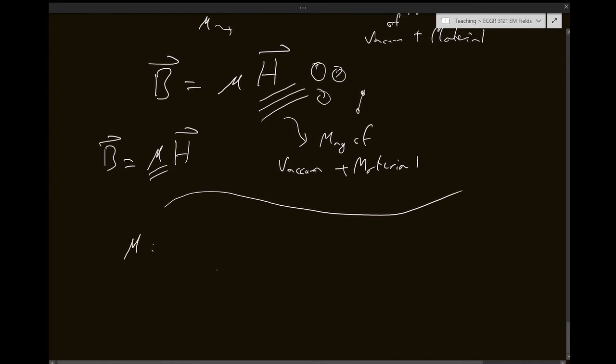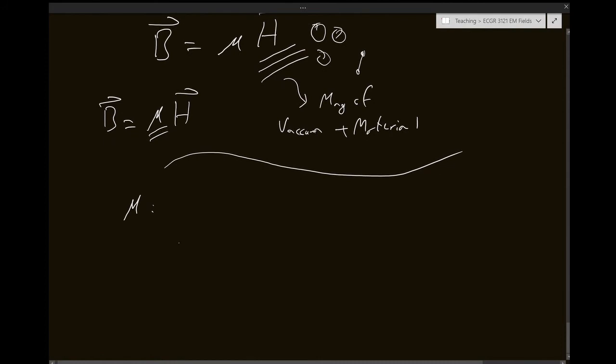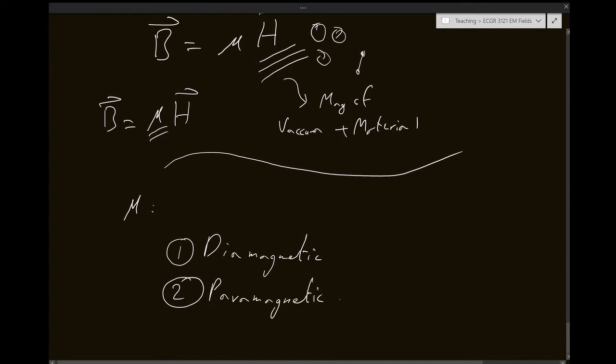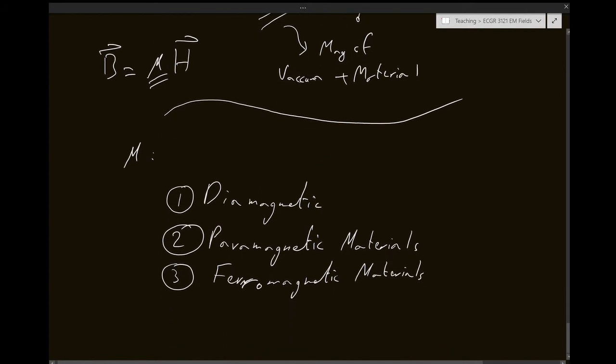The major types of magnetic materials that you'll encounter are what's called diamagnetic materials, paramagnetic materials, and then ferromagnetic materials.